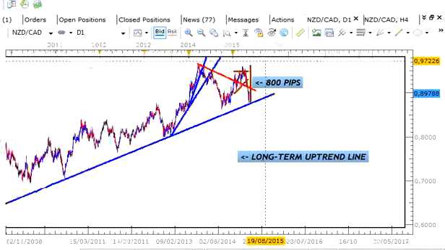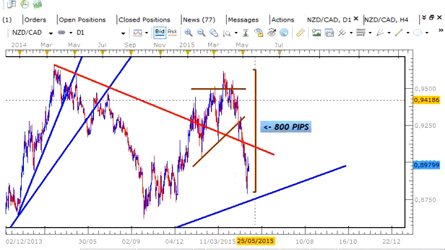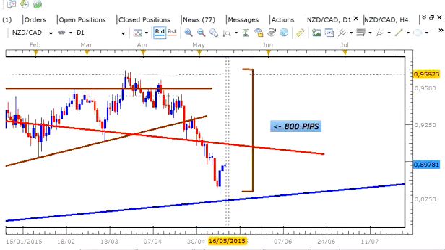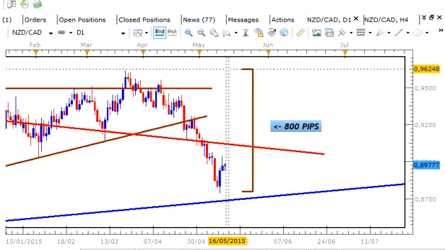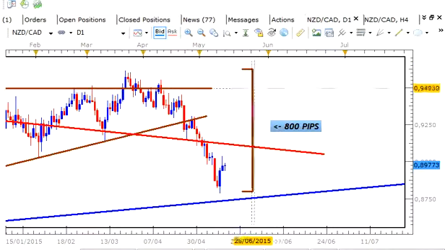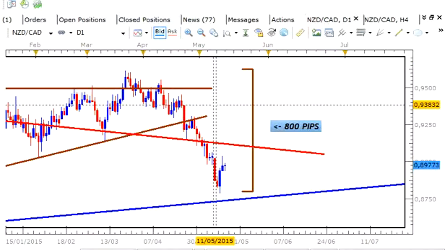So this projection played out as expected. This decline in the market played out as expected, and overall this led to a decline of approximately 800 pips from the high of that previous false breakout.